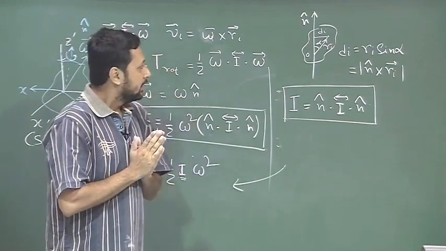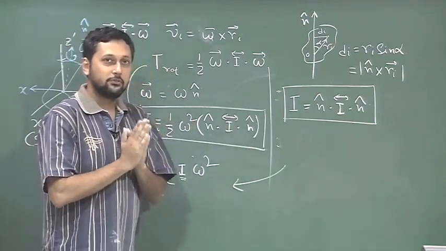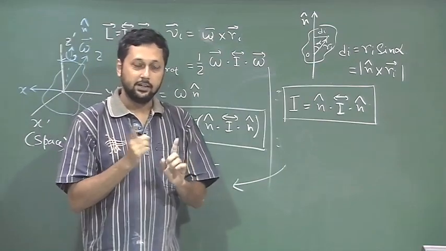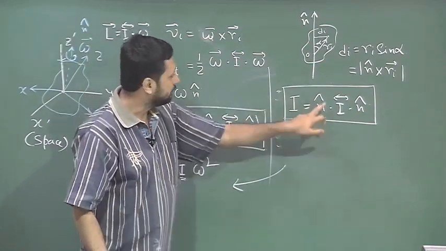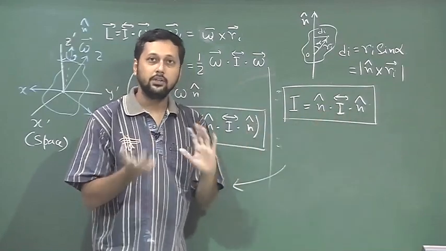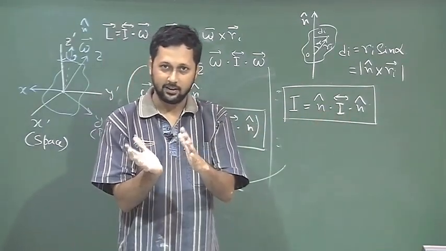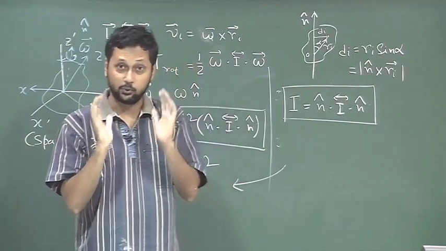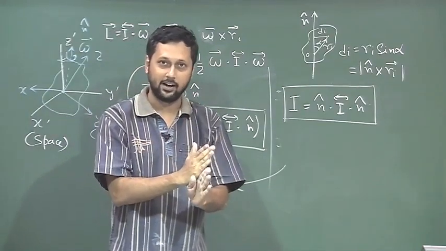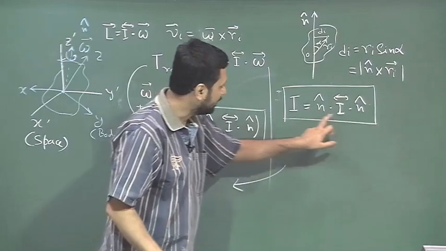And if we want to know the value of moment of inertia in a particular direction which is given by this n cap, all we need to do is project the tensor. Please understand that we need to project the tensor in that particular direction, and that is exactly what we are doing here.